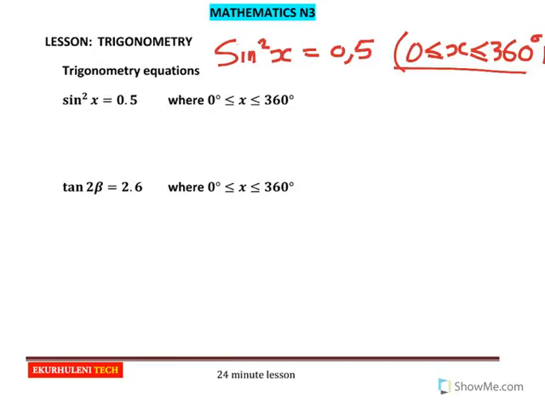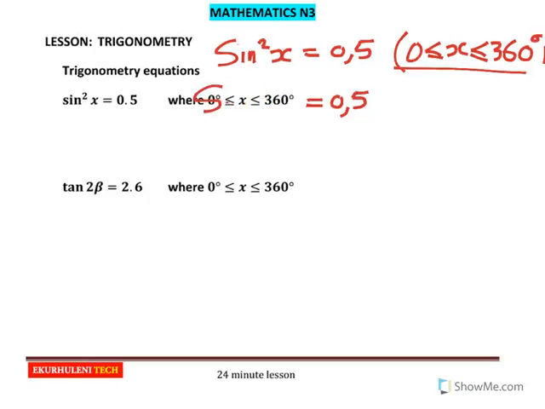So now when you are solving it, remember it's sine squared x is equal to 0.5, but remember there is a square. Now, how do you write that squared? If I can write it in a proper way, this is how you write it.